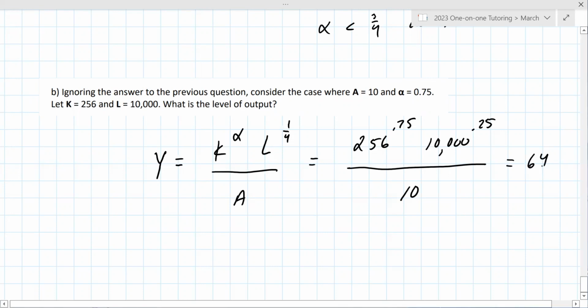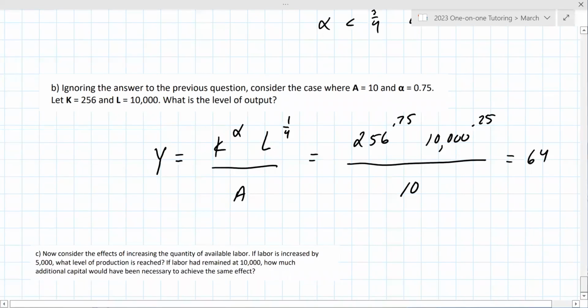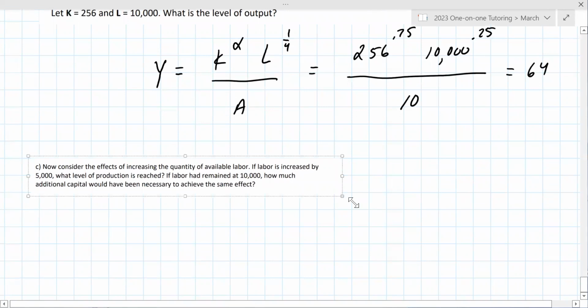This one could be done by hand, which is why I was asking about your calculator. I'm glad you used one. Both of these exams, both stats and econ, are open note, calculator, everything, which is nice.